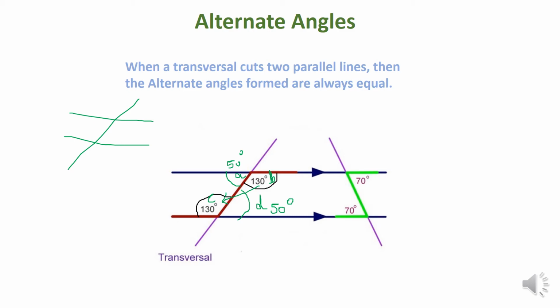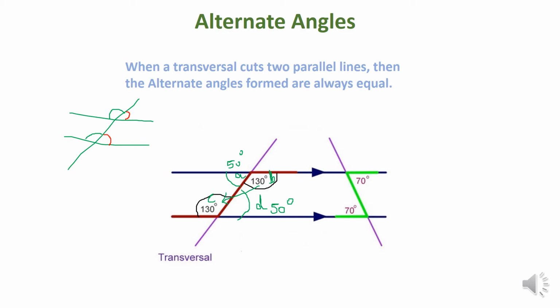Corresponding angles are formed. Alright, so this angle on the top left is going to be equal to this angle on the top left. We learned that this angle, I'm going to use another color for demonstration, this angle on the top right would be equal to this angle here on the top right.